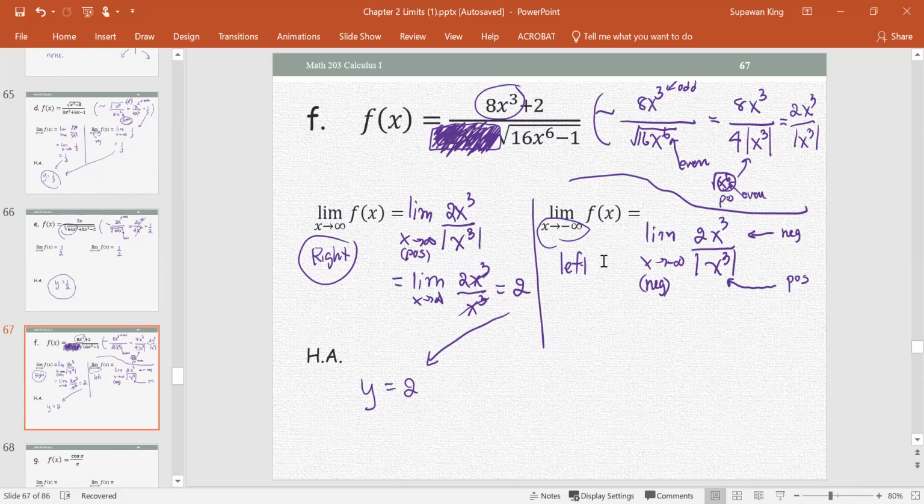If you are confused, look back at the original denominator: you put negative x in, negative to the power 6 changes to positive, and you take the square root, so it comes out positive. Does it make sense?